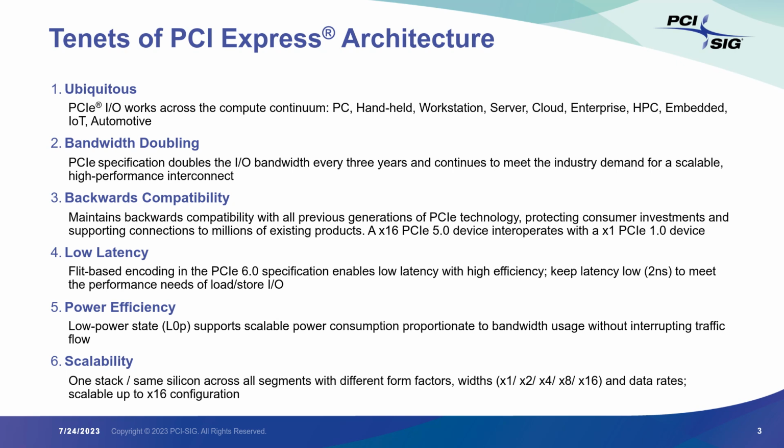And the other thing is that we're scalable. I talked earlier about it being ubiquitous, being in all these different types of applications, but that's because we're scalable. So the needs of, say, a handheld device or a PC could be very different than a server. And so we're able to scale multiple lanes and different data rates in order to get the best possible usage of PCI Express.